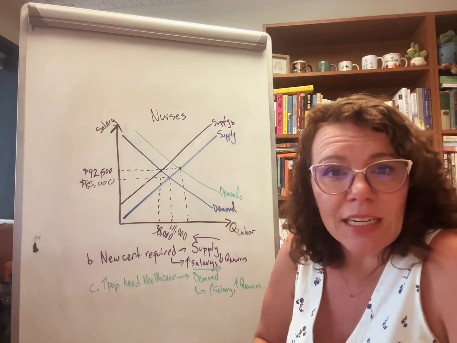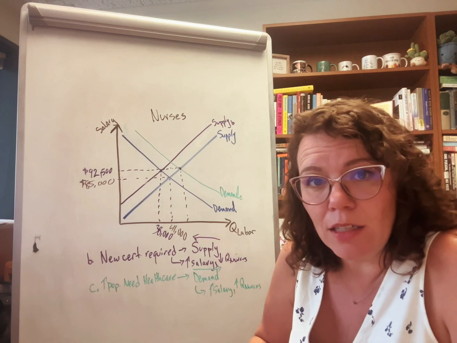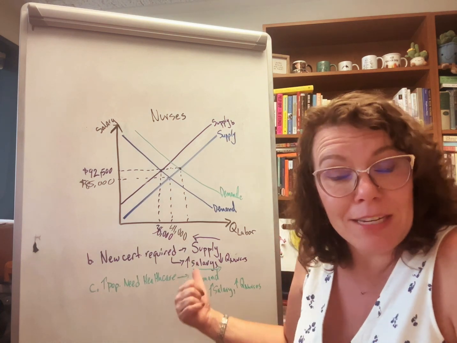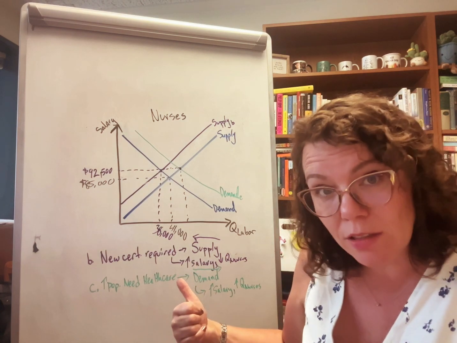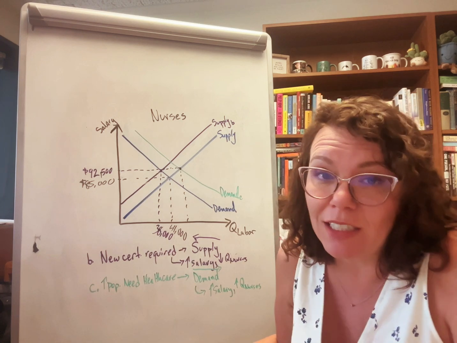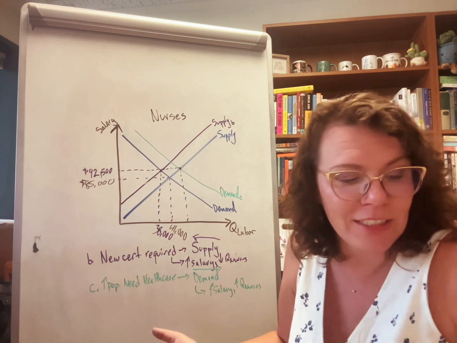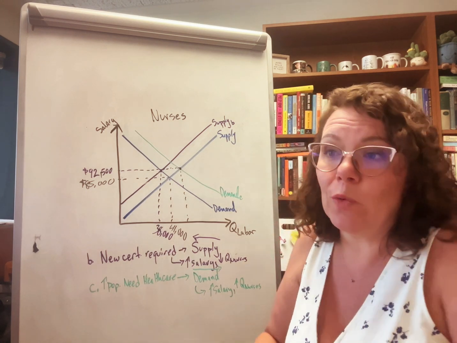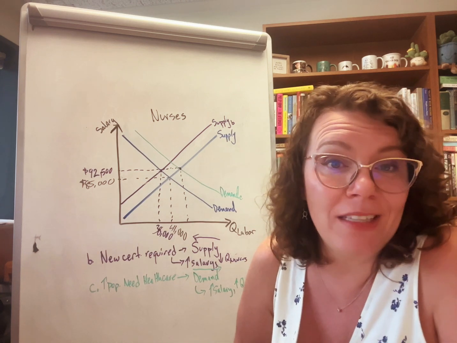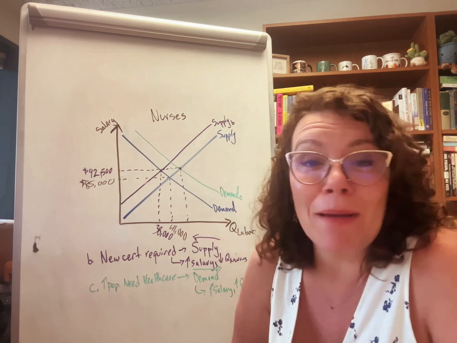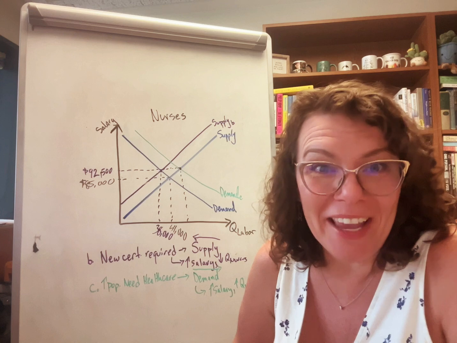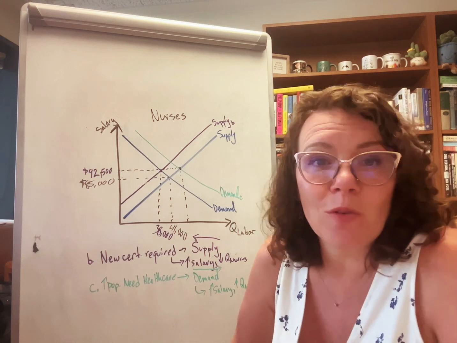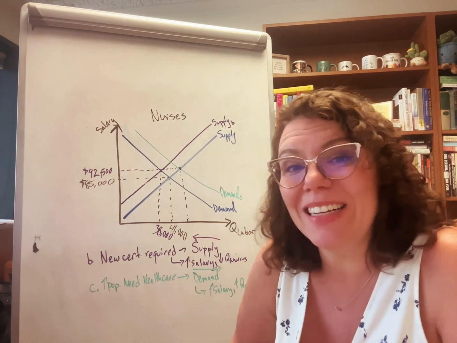The big things that are going to alter demand in a labor market are going to be the demand for what that labor produces. So if you're a teacher and education is increasing in demand, that's going to affect demand for teachers. If you make pizza and people decide that pizza is gross, then that might mean a decrease in the demand for people who make pizza. Those kinds of things, that derived demand effect.